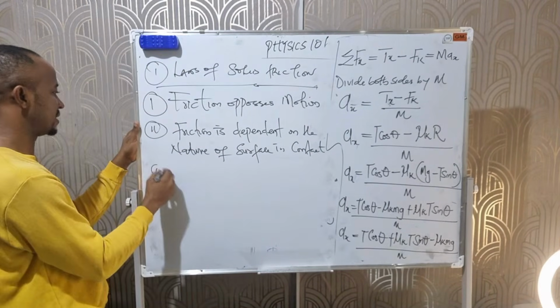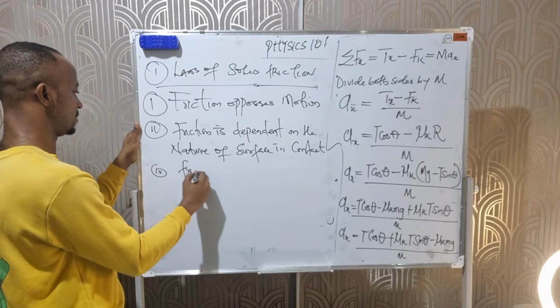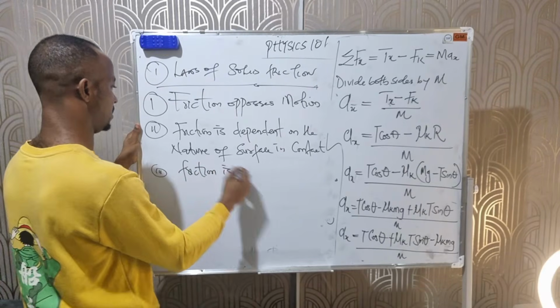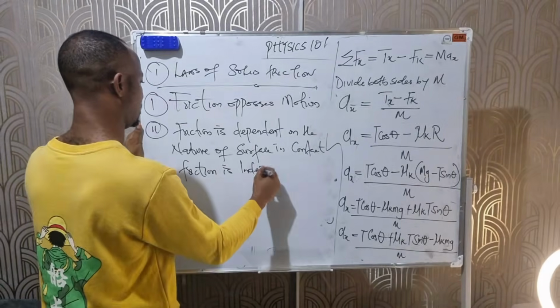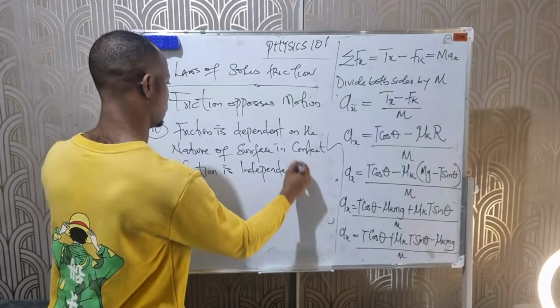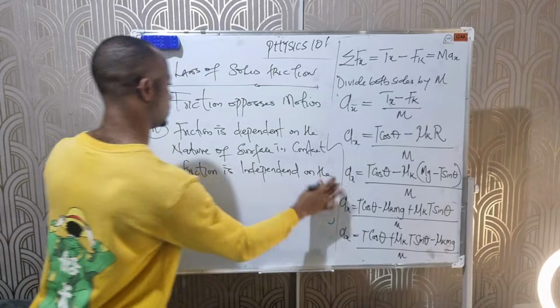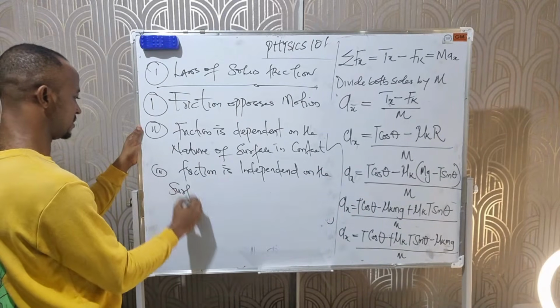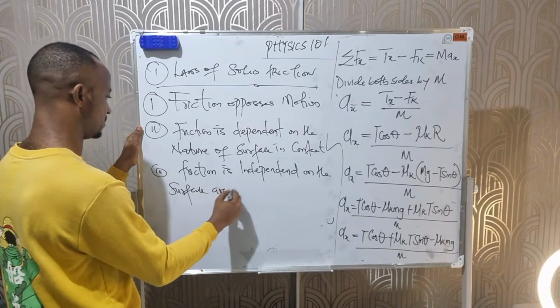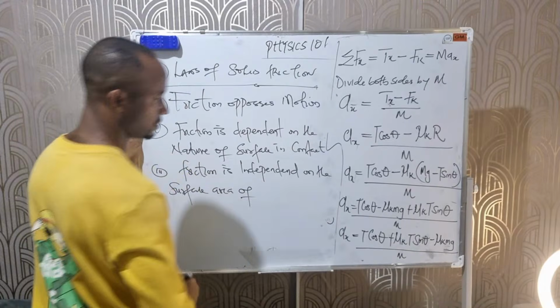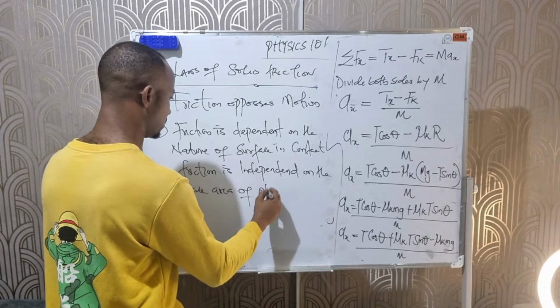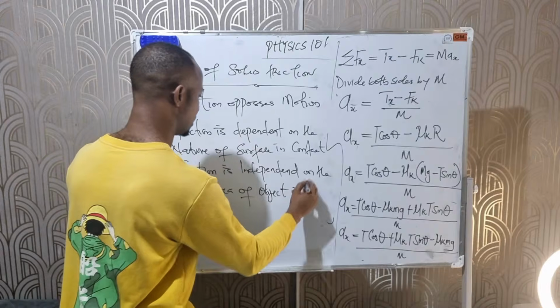Number three is that friction is independent of the surface area of the object in contact.